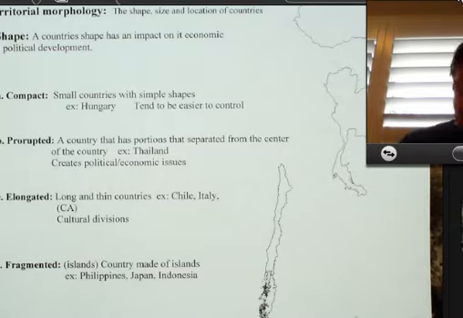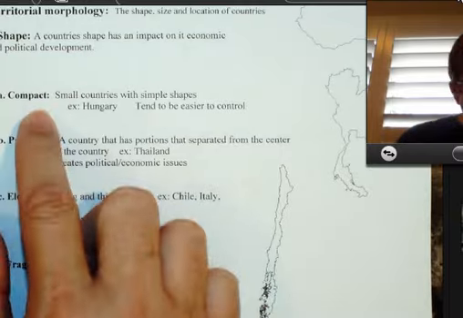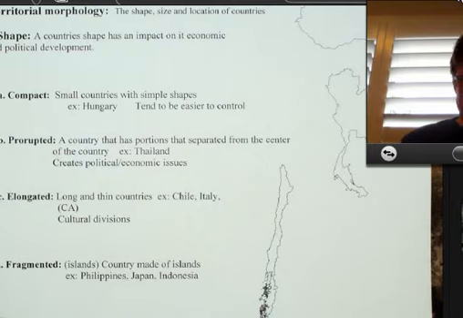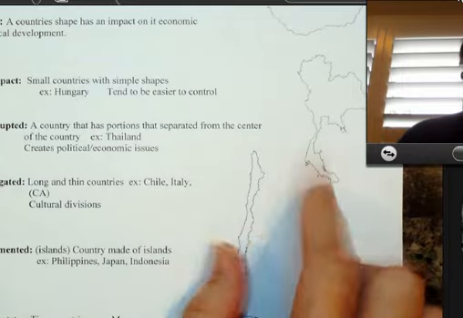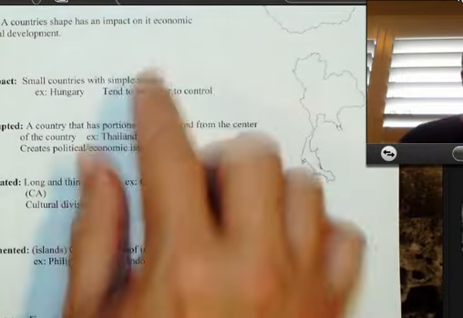A compact country is a small country with simple shapes. Hungary comes to mind. Even a larger country like France is fairly easy to draw. It's kind of a blob. It doesn't have a lot of peninsulas. Austria is another one. Prorupted countries have portions that jut off, like Thailand. Compact makes a country a lot easier to control.